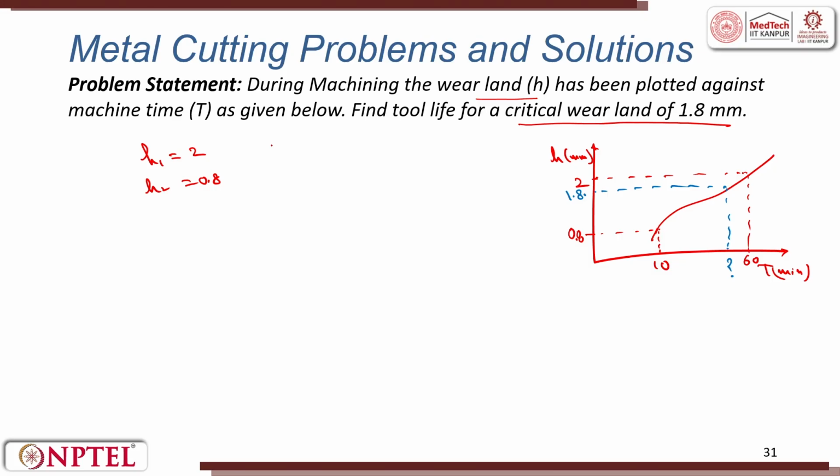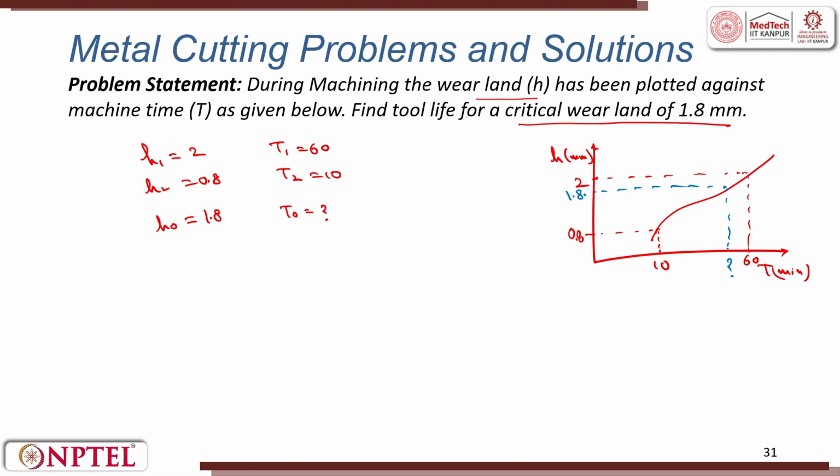Similarly, I have been given T1, T2 corresponding to H1. T1 is 60, and corresponding to H2, T2 is 10. I need to find T0 corresponding to H0. T0 has to be found at H0 equal to 1.8, and T0 is the question mark.